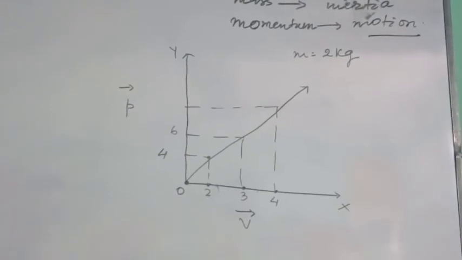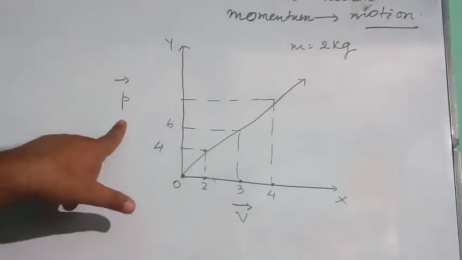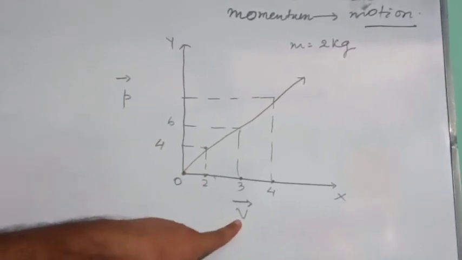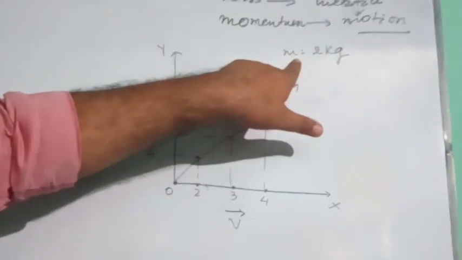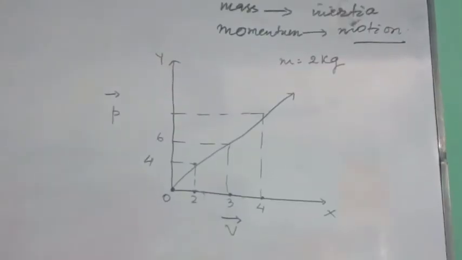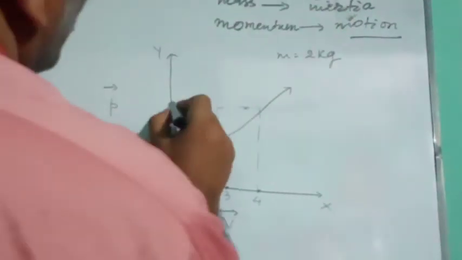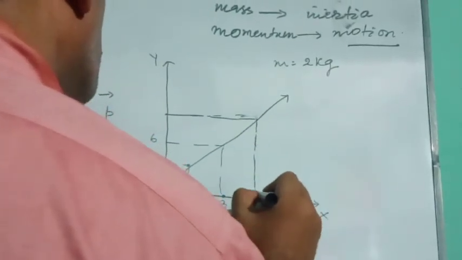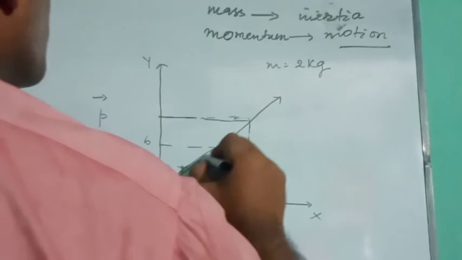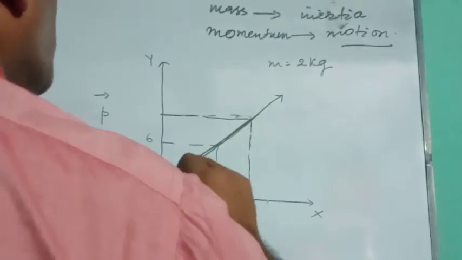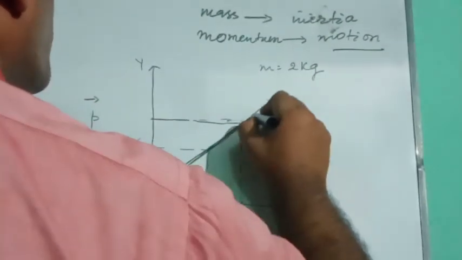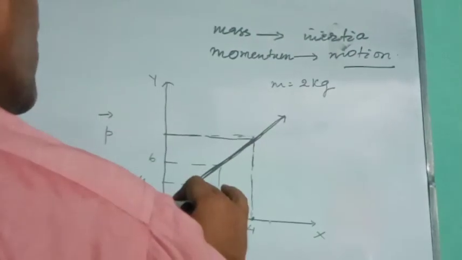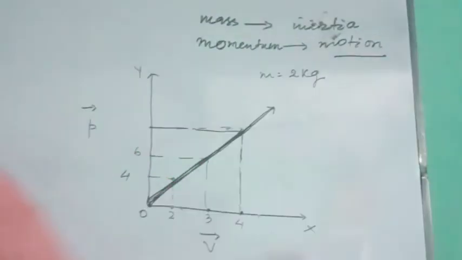This shows that momentum is directly proportional to velocity if mass is constant. And the slope of this momentum-velocity graph gives mass.